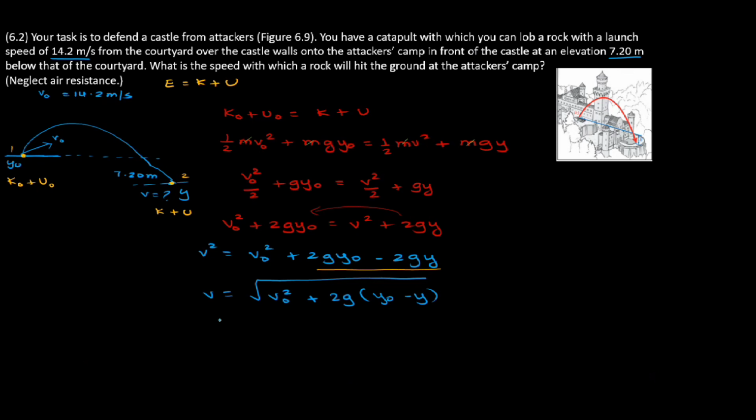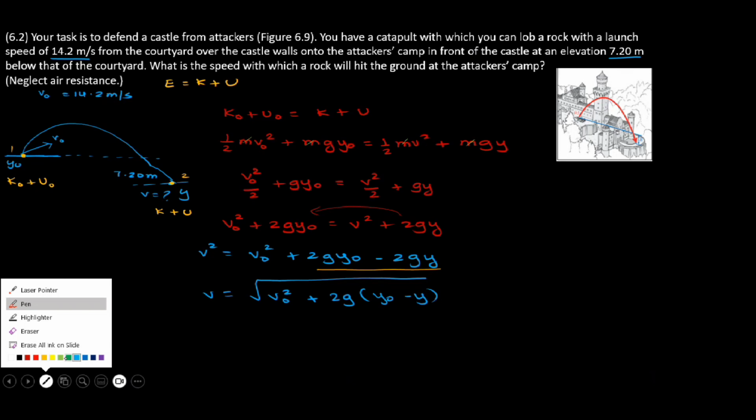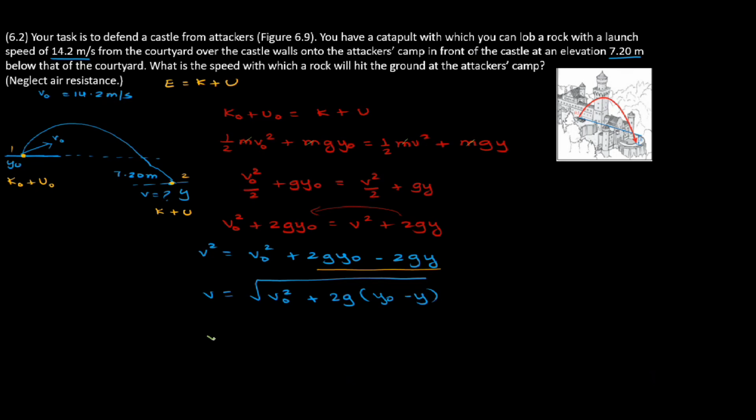Now we can substitute our values here to get the final answer. v equals square root of initial velocity 14.2 squared plus 2 times g, which is 9.81, times y minus y0, which is 7.2, the height difference that they have given me. When you substitute all of this, you get your final velocity as 18.517, which you can write as about 18.5 meters per second.